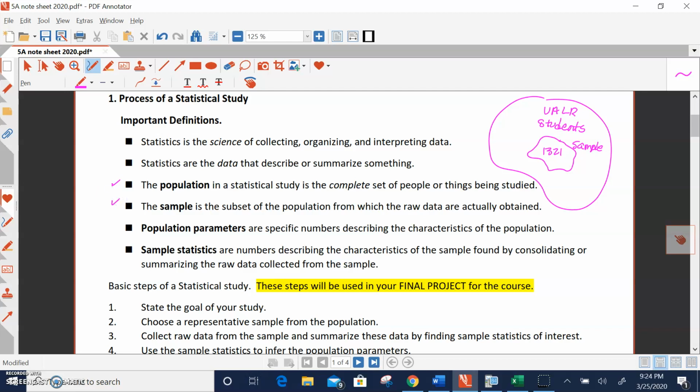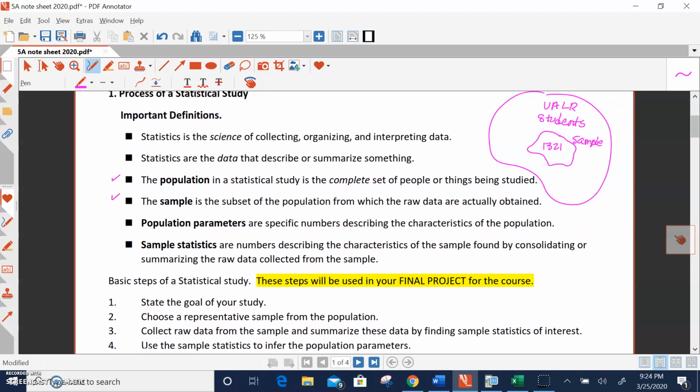Now, the next two terms, a population parameter and a sample statistic. Let me go with sample statistic first. A sample statistic is the actual number describing the characteristics of that sample. So let's suppose I wanted to know the average age of UALR students. Then what I would do is I would ask everybody in this class, what is your age?